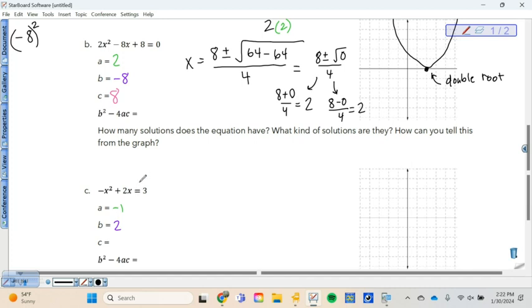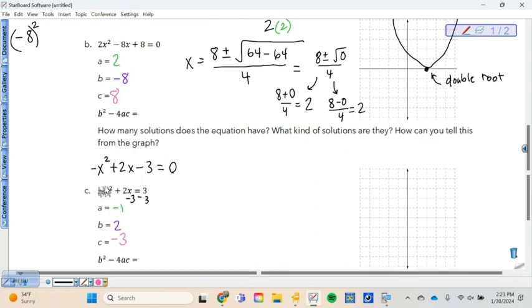Is this one equal to 0? No, we got to make it equal 0. How am I going to make this equal 0? Yeah, I got to subtract that 3 over here. So that's really -x squared plus 2x minus 3 equals 0. So what's my value of C? -3. Good.